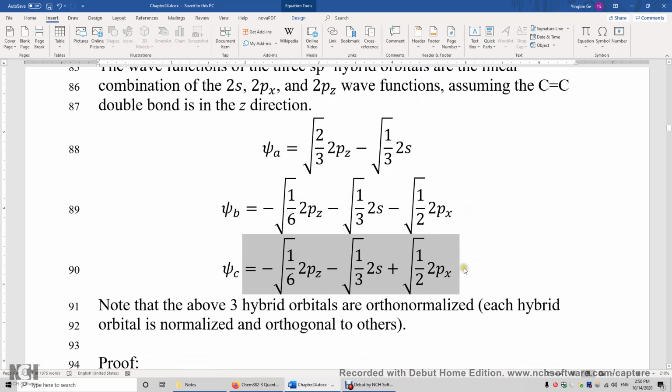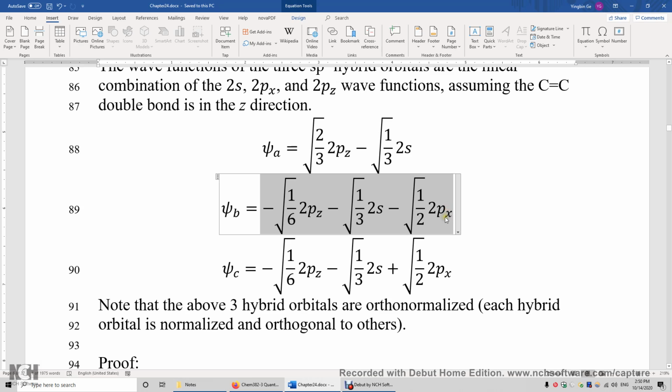I want to show you psi sub b and psi sub c. You just need to integrate the squared modulus of this guy and prove the integral is 1. It's pretty simple. You do not have to look at any cross terms. All the cross terms are equal to 0 because 2s, 2px, 2pz are orthogonal to each other.